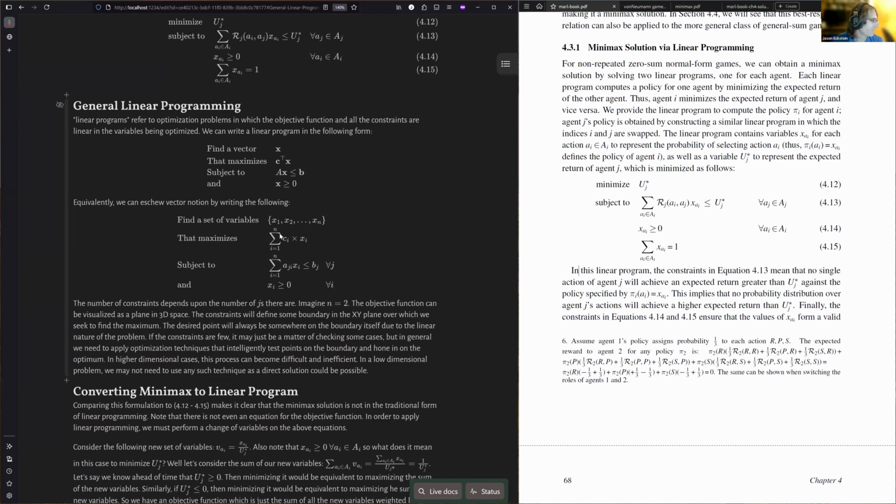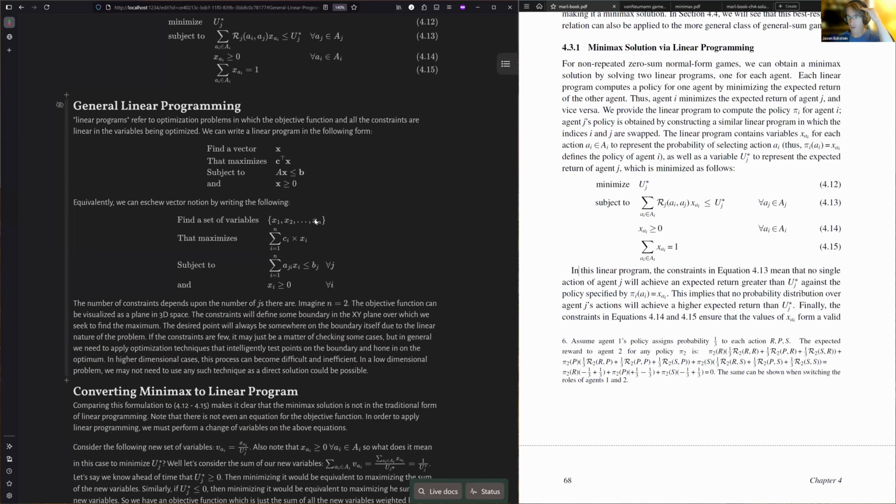So if you imagine that there are, let's say, n equals 2, so we have two variables, right? And then we have an objective function. Like we can have an XY plane that represents the values of the two variables. And then there is the objective function above that plane.